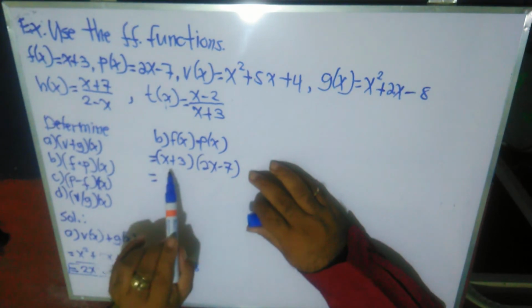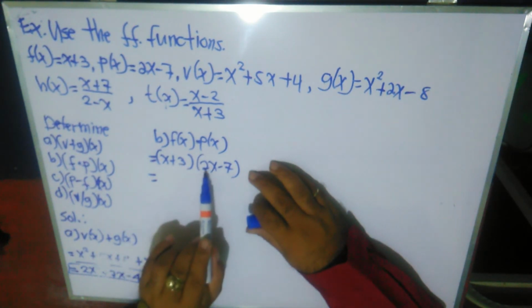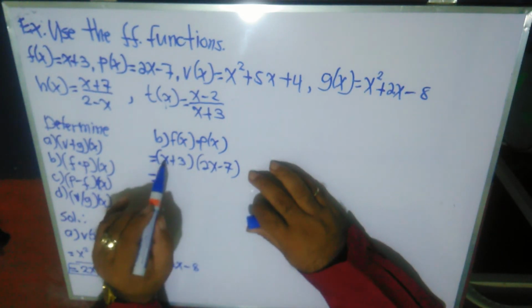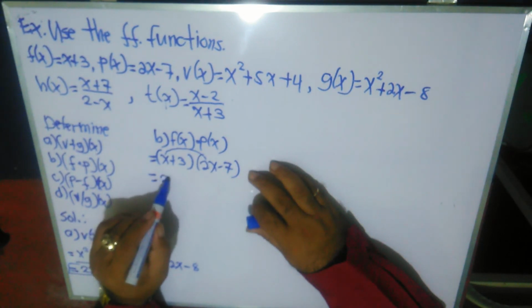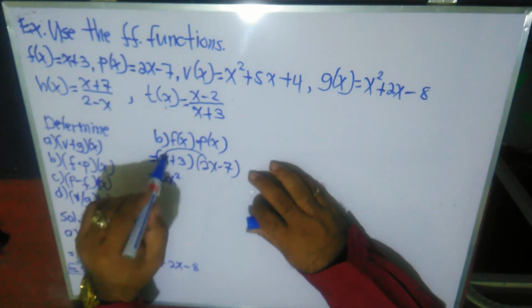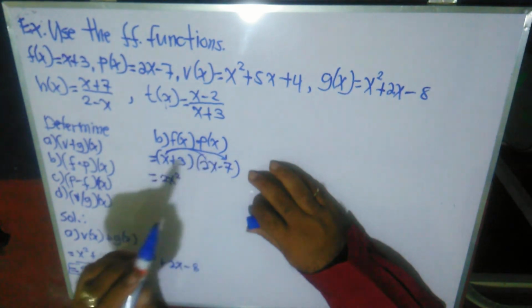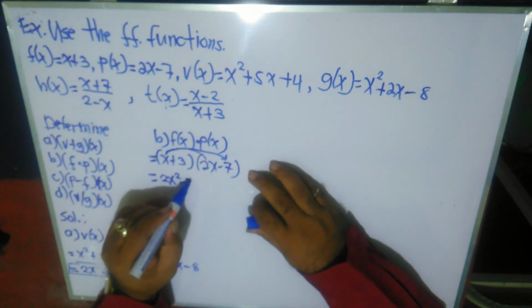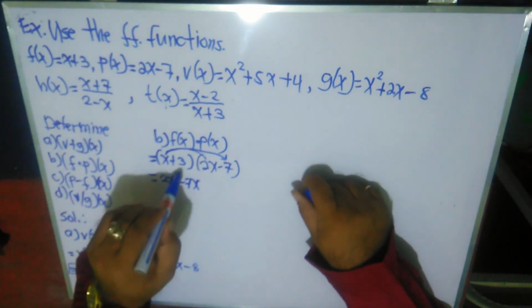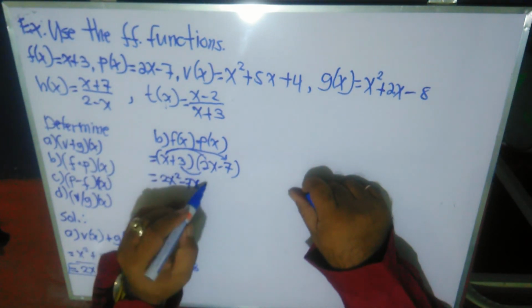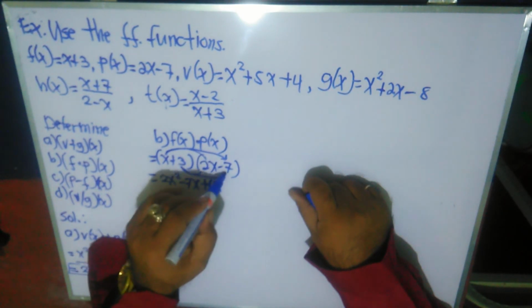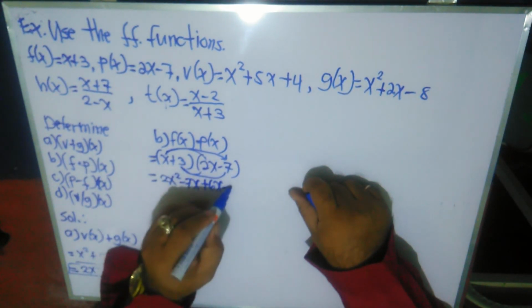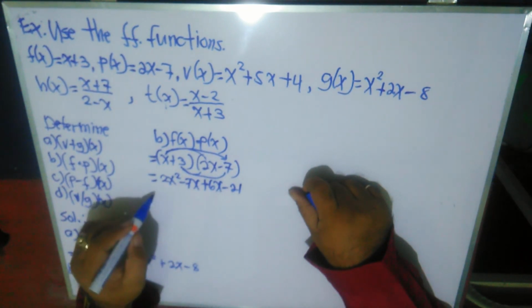Then multiply all terms to the next quantity. So x times 2x becomes 2x squared. x times negative 7 is negative 7x. 3 times 2x is positive 6x. 3 times negative 7 is negative 21.